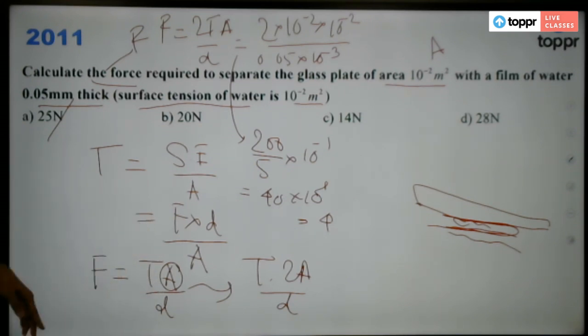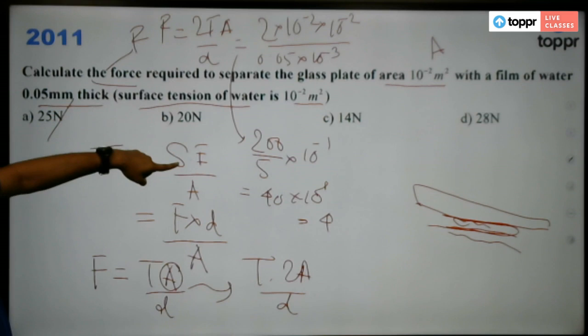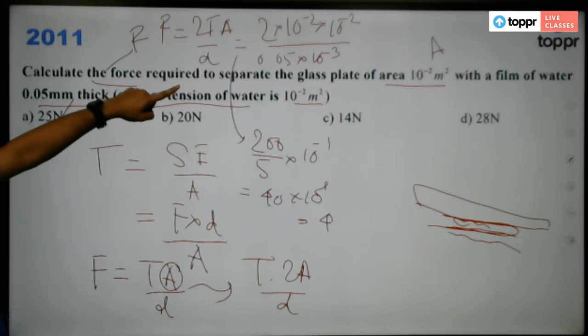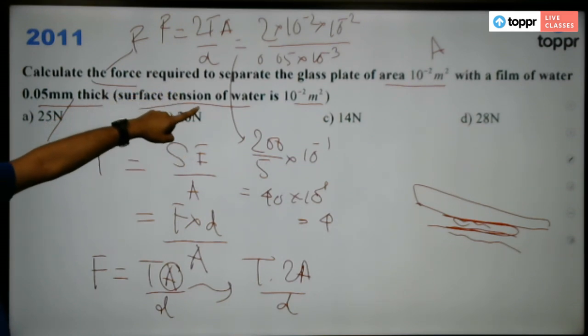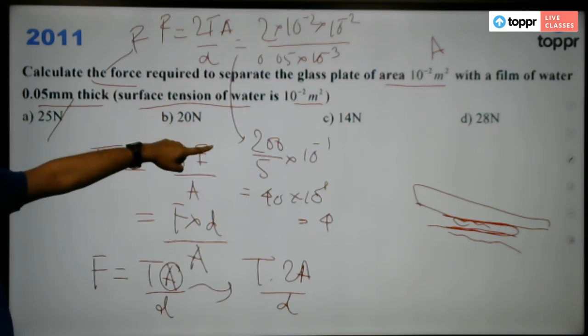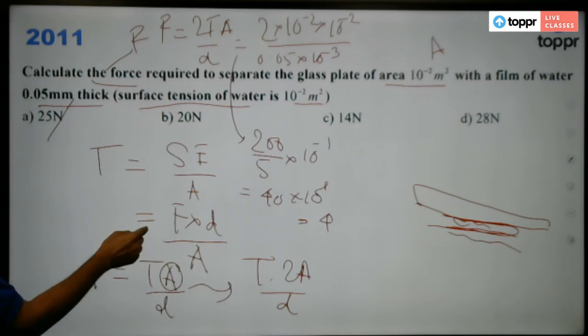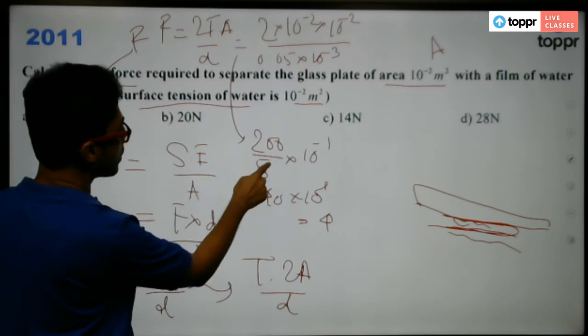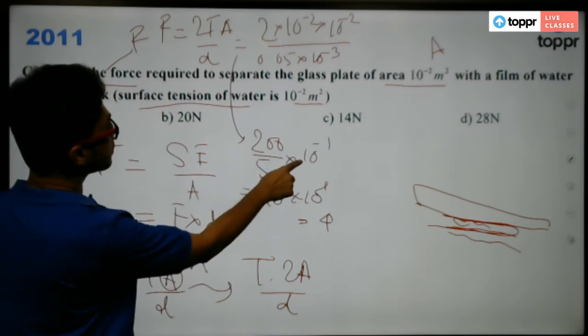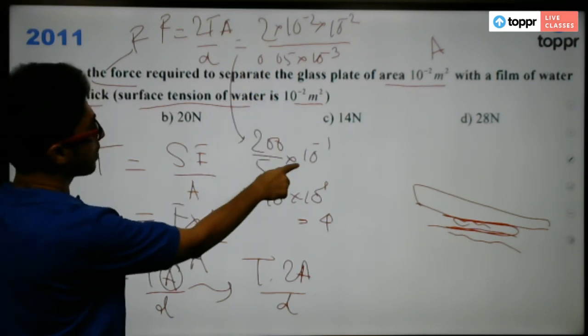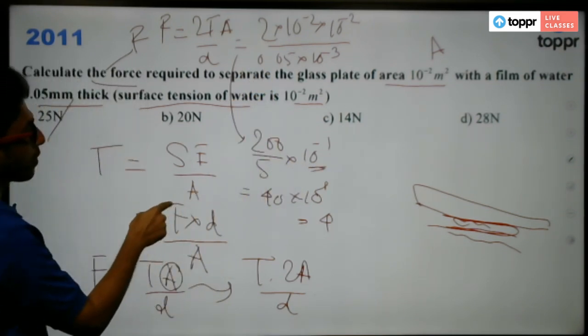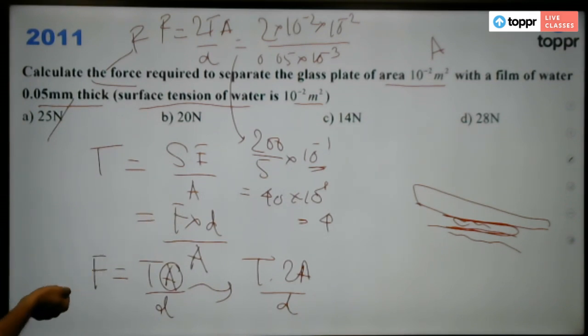So surface tension 2 into 10 to the power minus 2 into area 10 to the power minus 2 divided by 0.05. Yes, it should be coming like this. 200 divided by 5, 10 to the power minus 3, it is 10 to the power minus 1. 200 divided by 5, it is 40. It's 4, somehow 4 is coming.